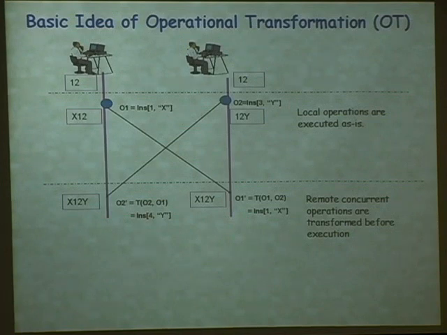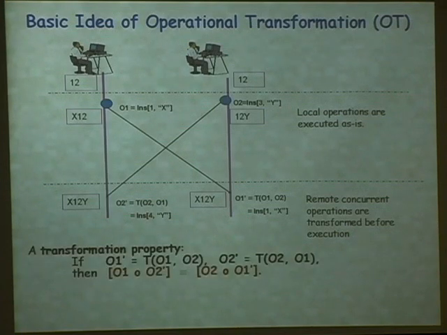And to make sure operational transformation works correctly, there are a large number of properties for the transformation system to maintain. One of them, which is directly related to this scenario, is the following. The two concurrent operations can be transformed in any order and also can be executed in different order, like illustrated in this scenario.